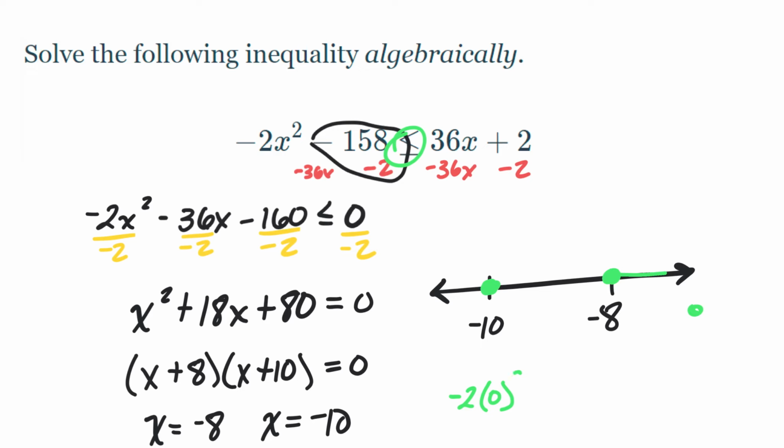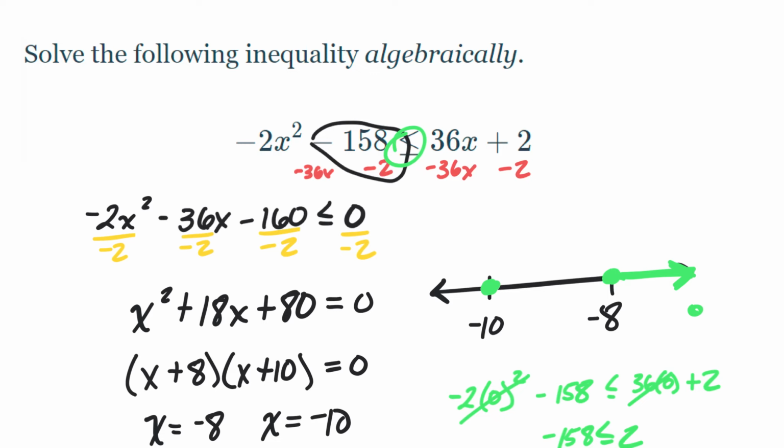So we plug in 0, so this becomes 36 times 0, of course, becomes 0, plus 2. So this cancels, so the question is, is negative 158 less than 2? Well, yes, it is. So 0 is part of the shaded region, so we would shade just like you see there.